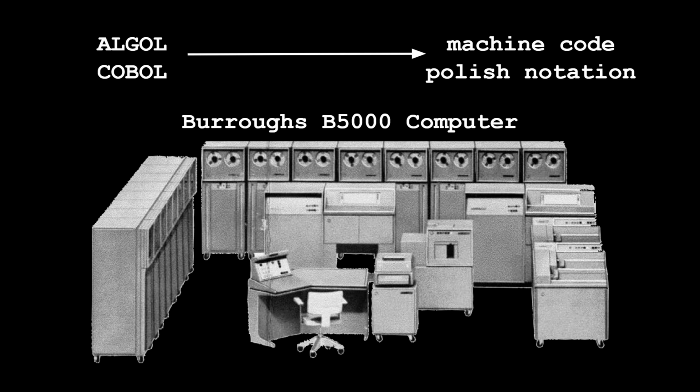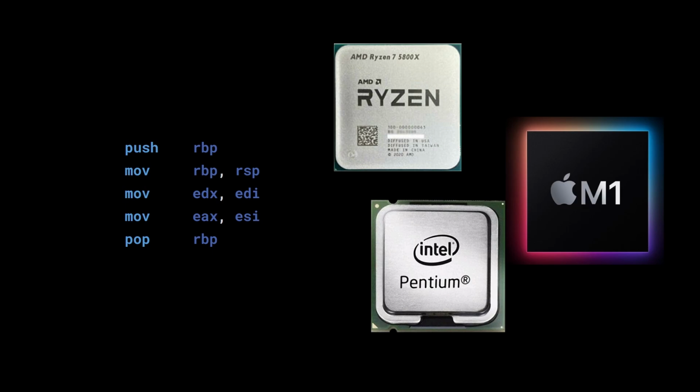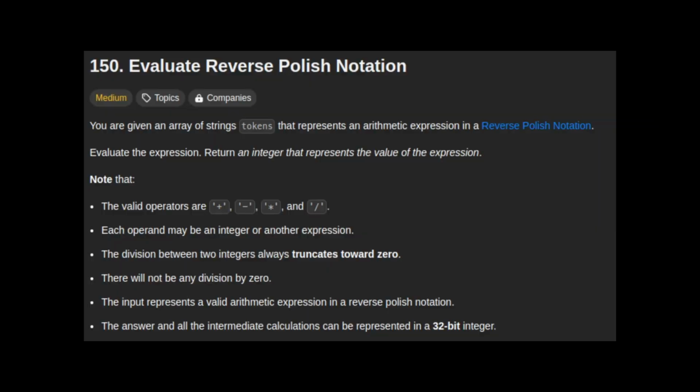This marked the beginning of hardware implementing features to help the software. And this is why we now have modern CPUs with special registers and instructions to handle a stack. Okay, I think that's some pretty cool computer history right there, but let's go back to the Leetcode problem.